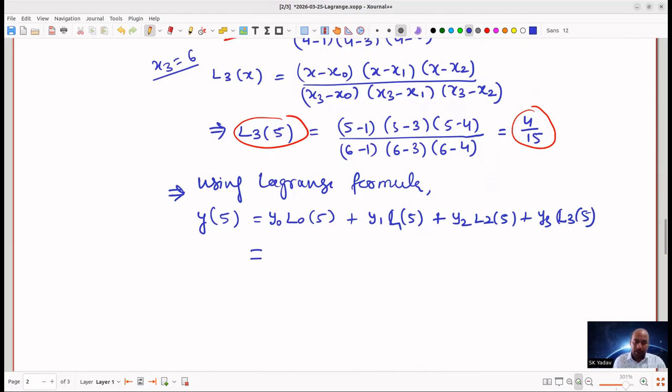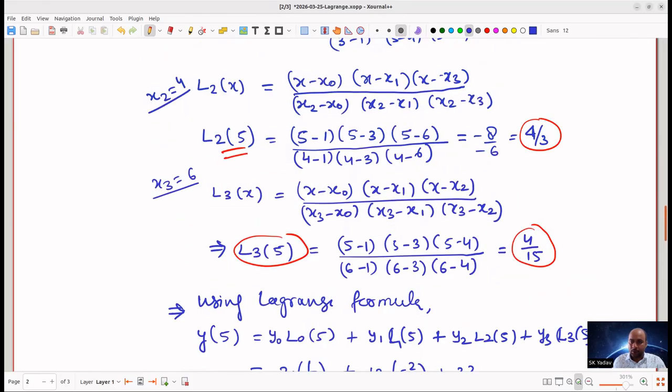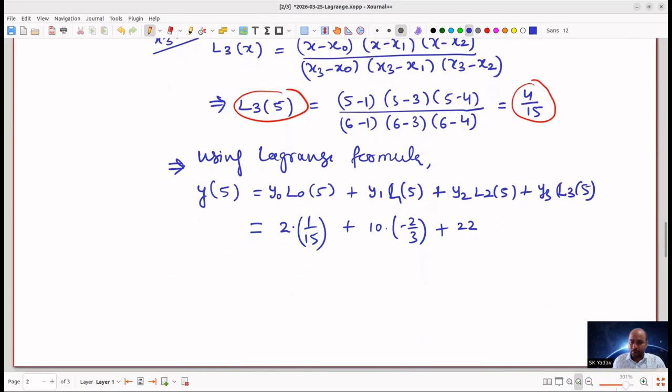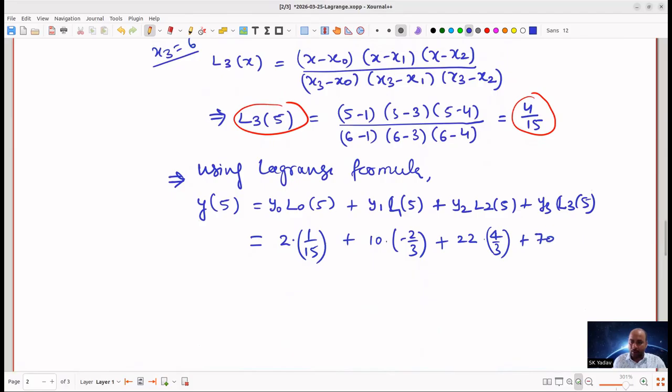So y0 here is 2. So 2 into 1 by 15 plus y1 is 10. So 10 into minus 2 by 3 plus y2 is 22, and L25 is 4 by 3. So into 4 by 3, and plus y3 is 70, and then L35 is 4 by 15.